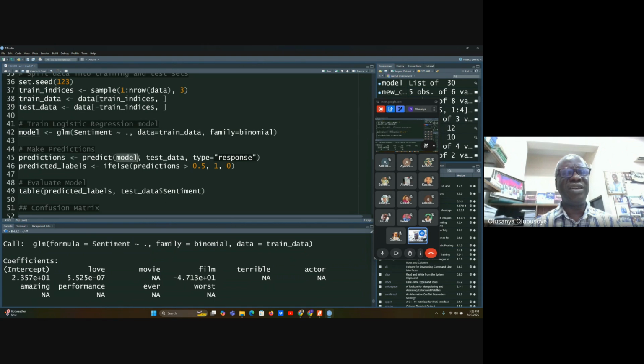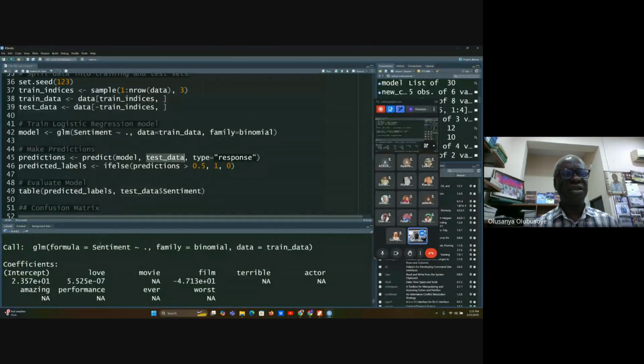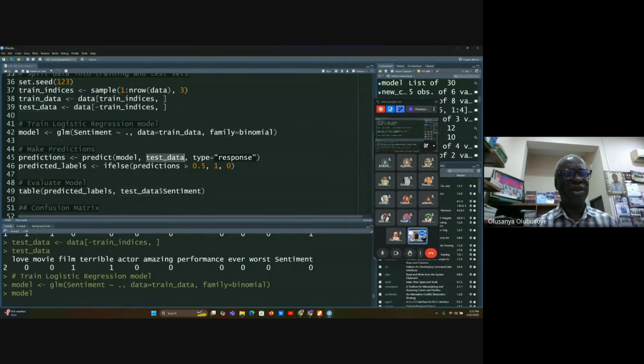This is the model which is trained here, and then we will only predict using the test data. So we are predicting what will be the predicted sentiment for this second reviewer.